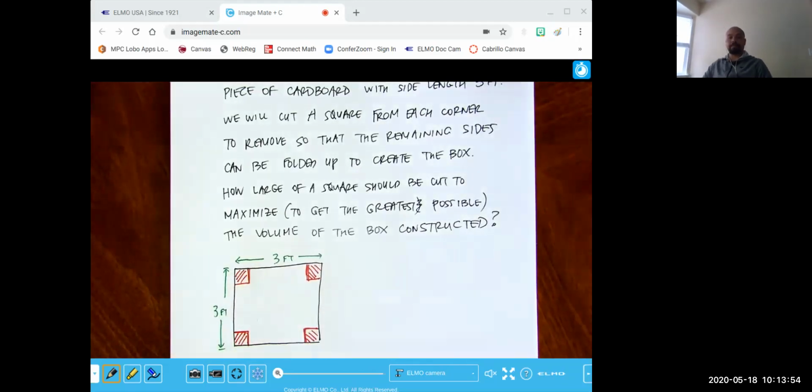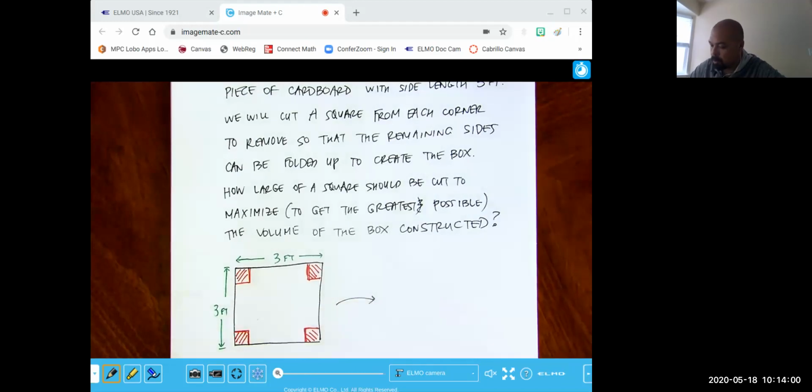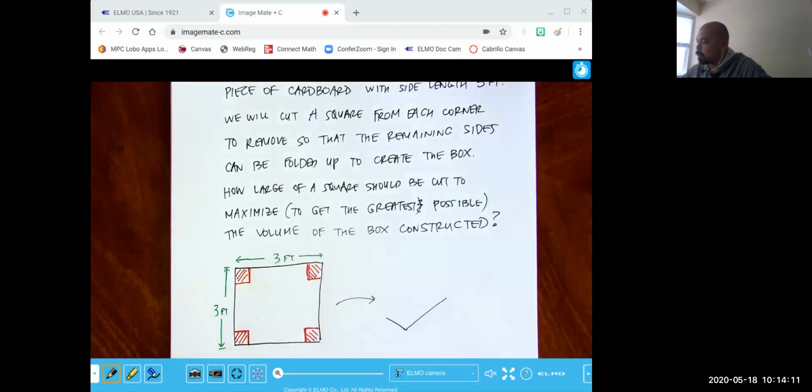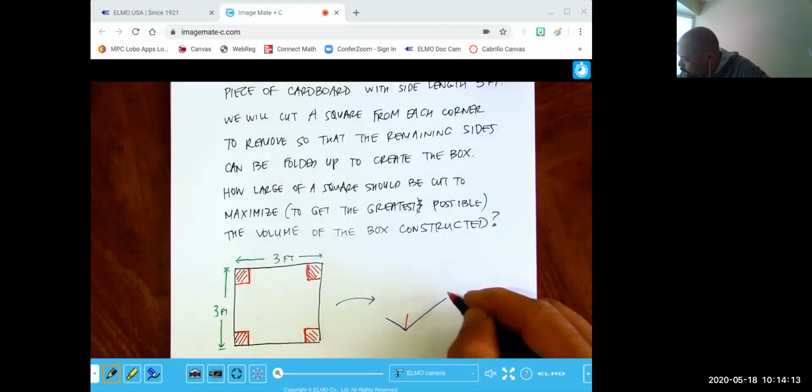Once we do that, we're going to have this box left, where the squares we cut create that height.